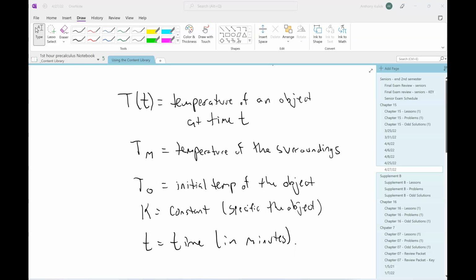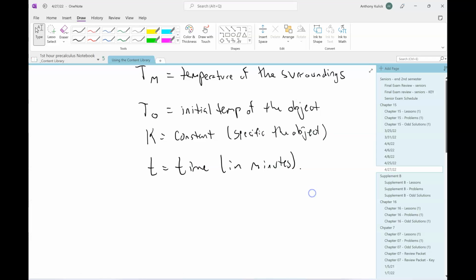All right. For all my chefs in the room, here we go with an example.